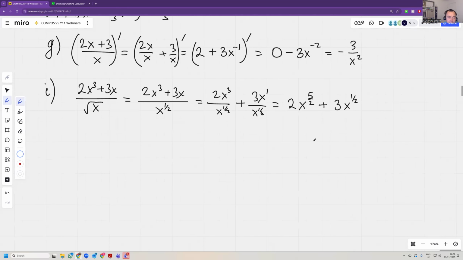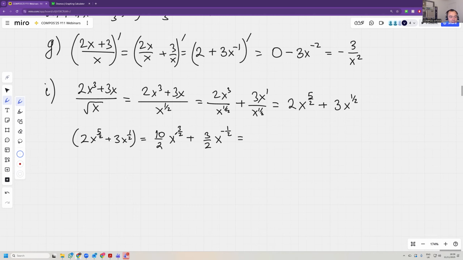And if you find the derivative of that, 5 over 2 times 2 is 10 over 2, so 10 over 2 x to the power 3 over 2 plus 3 over 2 x to the power minus 1/2.